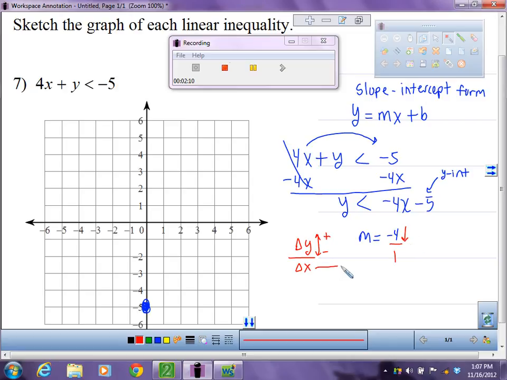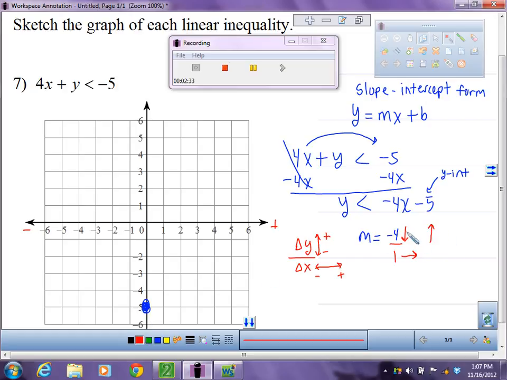X goes left and right. Negatives to the left, positives to the right, correct? Then this is a positive 1, so I'm going to go 1 to the right. So starting from here, I'm going to go 4 down and 1 to the right. But notice that they didn't give us enough space to go 4 down. But you can always go in the opposite direction.